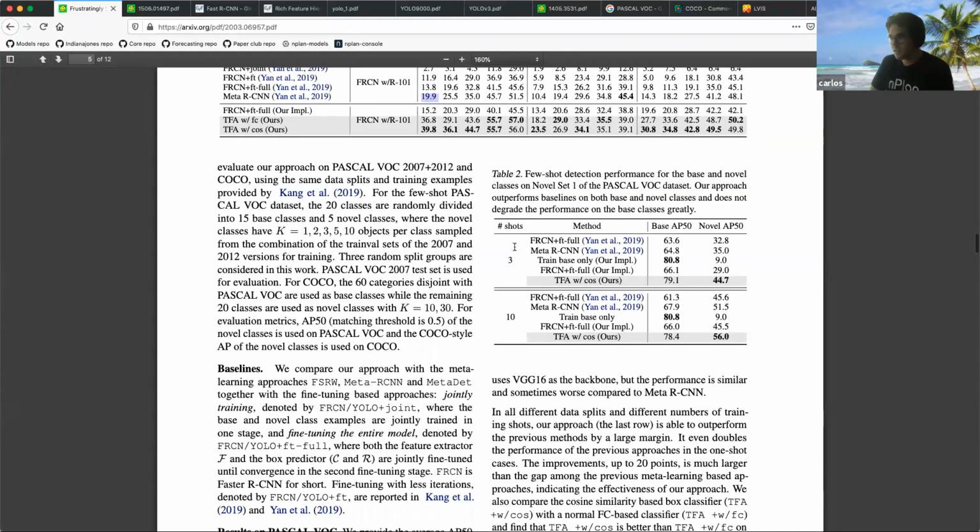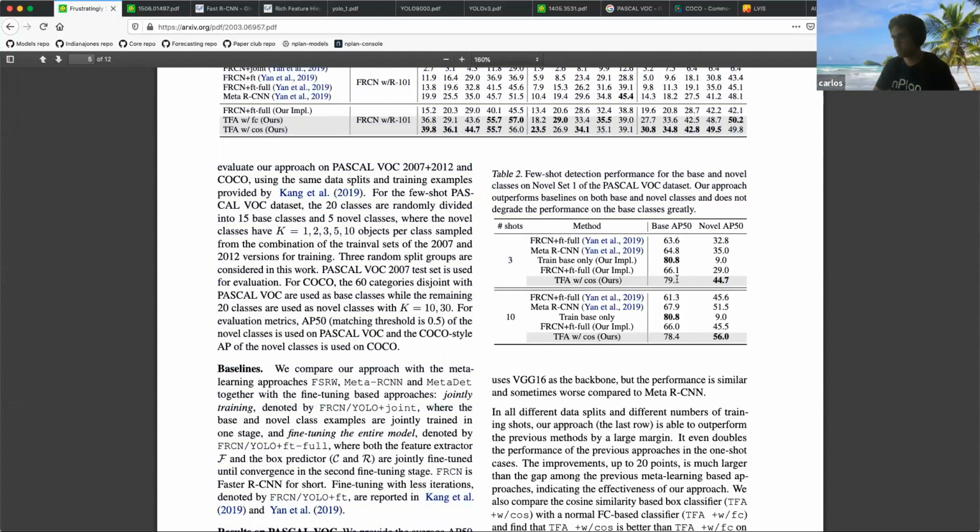Then with regards to what I was saying before about that base average precision, it's also quite interesting to show that there is a drop in precision, but there is a significant gain in precision in the new classes, right? So even if you take the state-of-the-art methods, they can still retain some precision, but they don't reach as much.